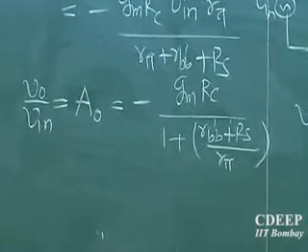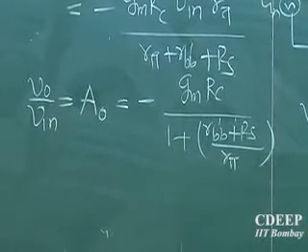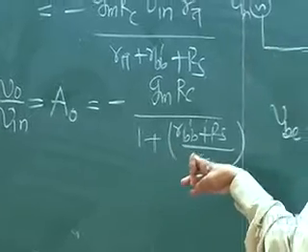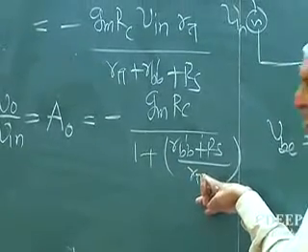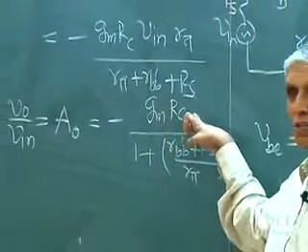Is that okay? So the DC gain of a normal amplifier using a bipolar transistor is gm times the load.